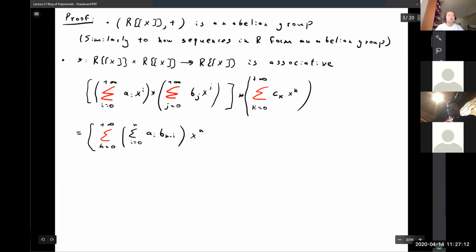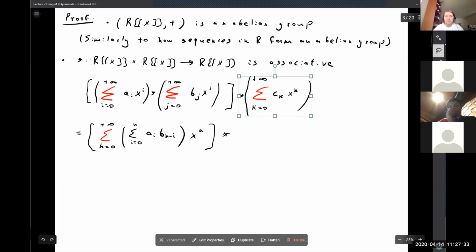And those are coefficients in front of x^n. So note that this sum is an actual sum in R. Okay, and then we multiply it by the third one. Benefits of the online blackboard is that I can do this.